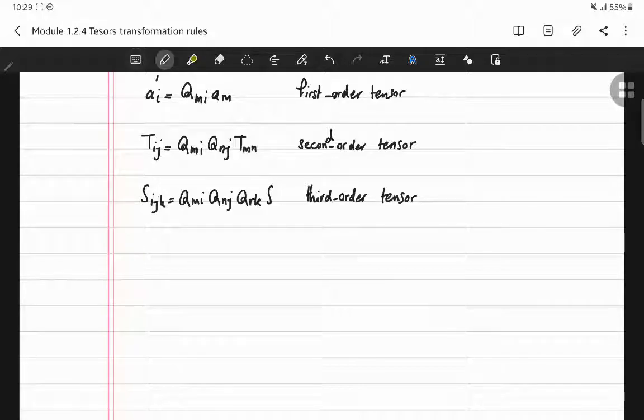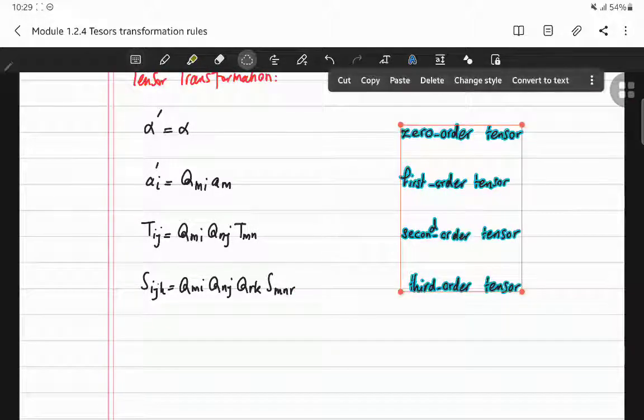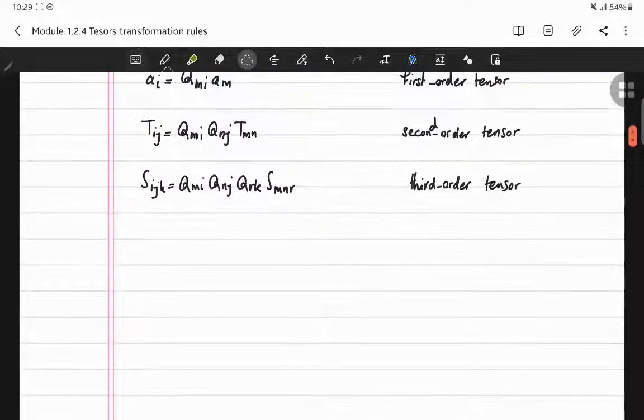Here we have i, j, k, which are three indices, so they appear on the left-hand side of the equation and shouldn't appear here as free indices on the right. So it is S_mnr. So this is the third order tensor.